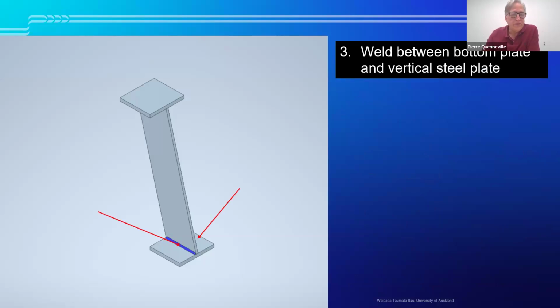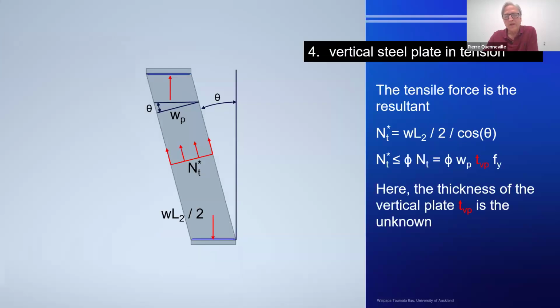The next step would be to design the welds between the bottom plate and the vertical plate. And then the next step would be to come up with the design of the vertical steel plate in tension.